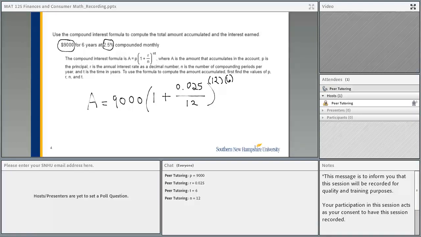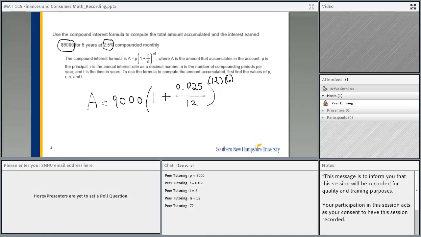Just a suggestion: for N times T, I would definitely recommend multiplying that out first.